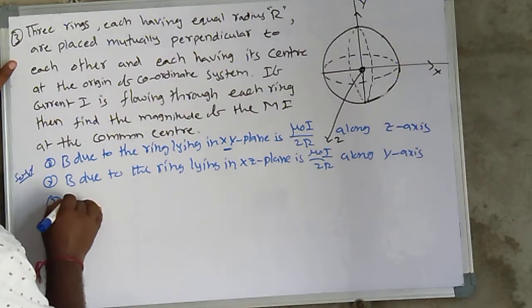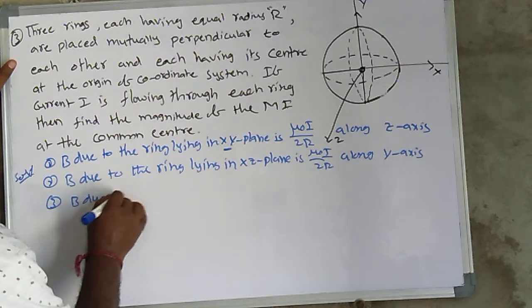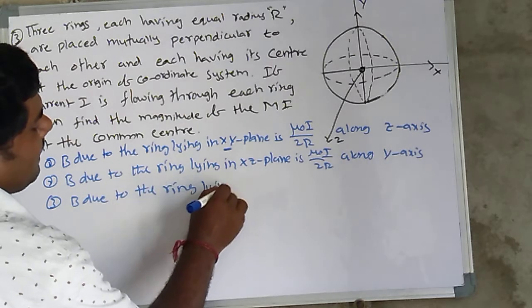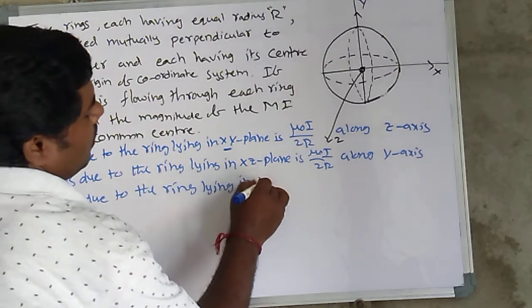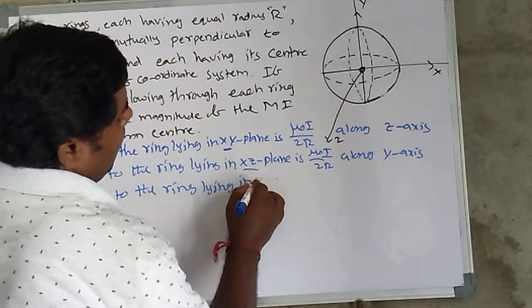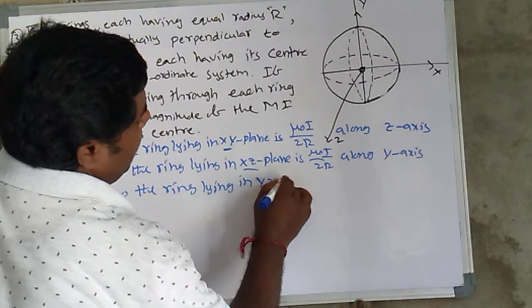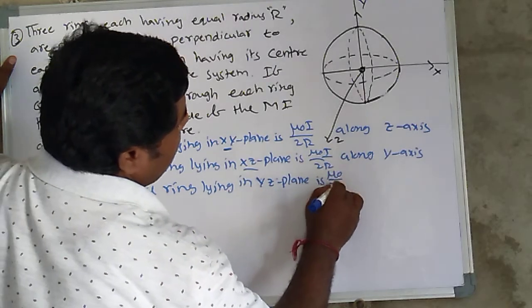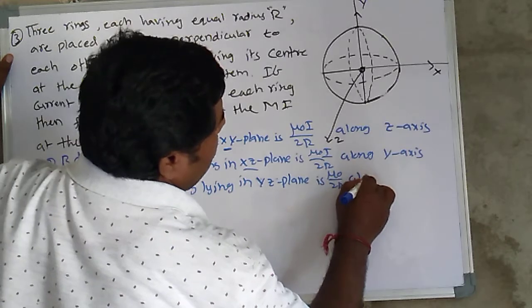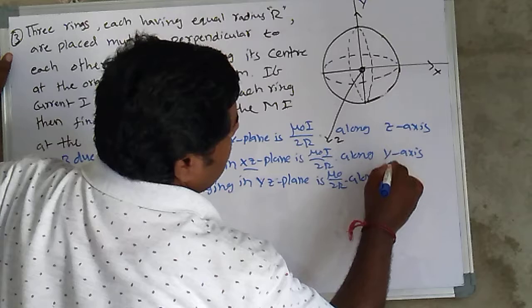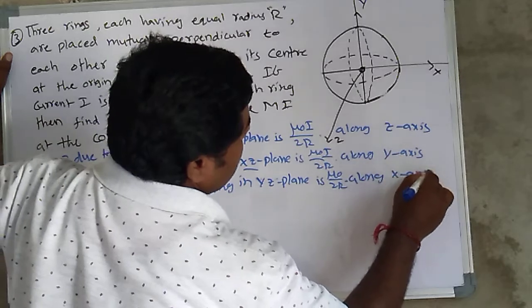And the third point: B due to the ring lying in the yz plane is mu naught I by 2r along the x-axis.